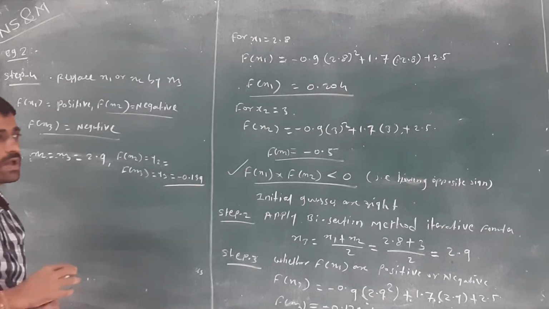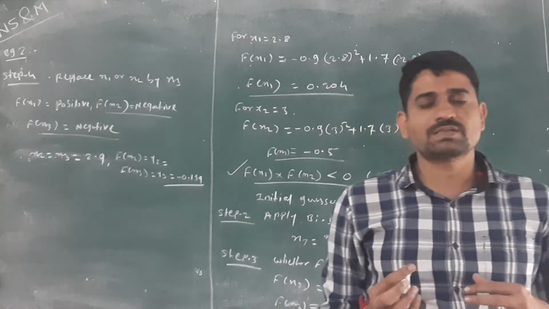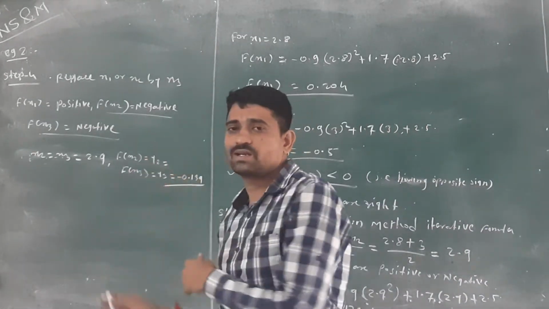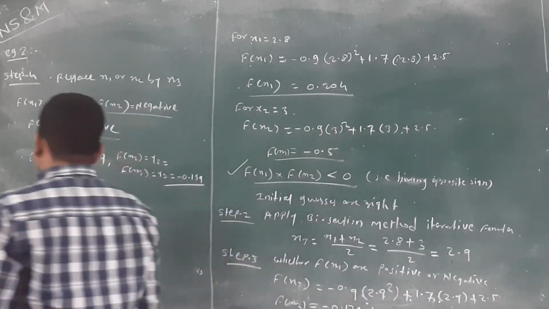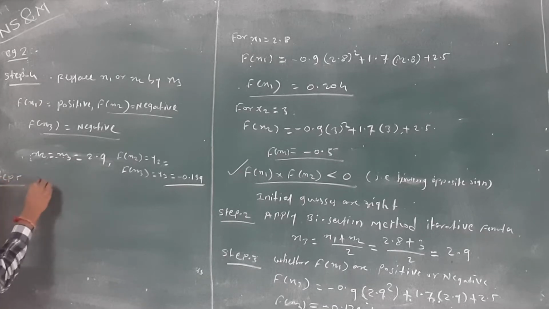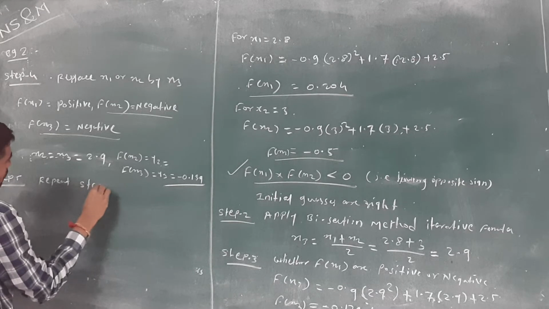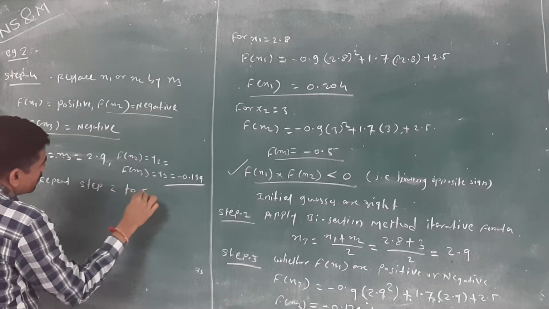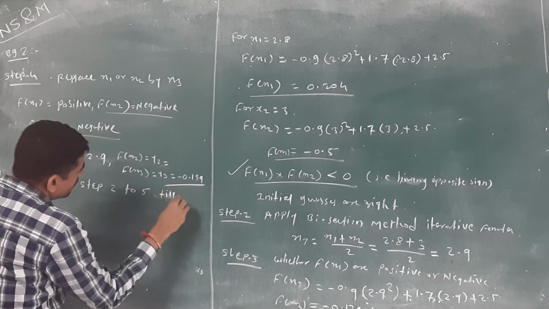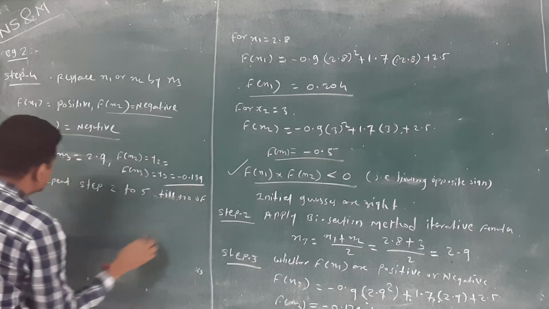Then in the last lecture we have seen we want to check whether the mod of x2 minus x1 is less than the given accuracy or not. But here you have been given the 3 iterations, no need to check that. This is step number 5. You can write only: repeat step 2 to 5 till the number of iterations.